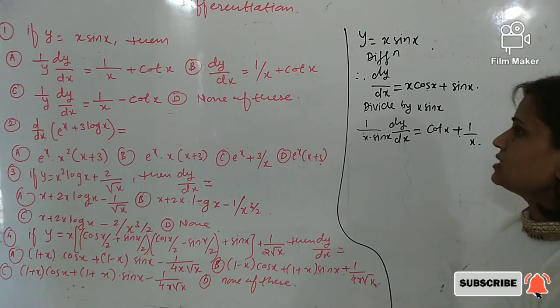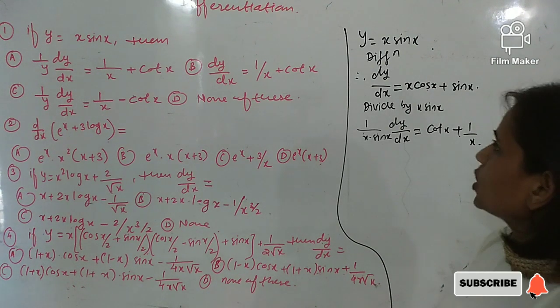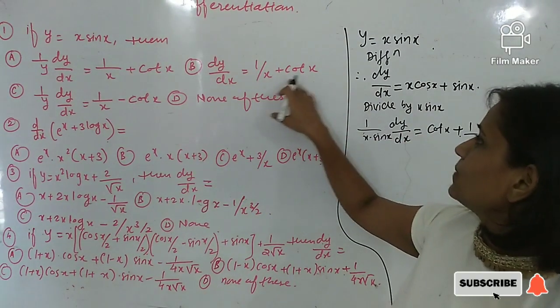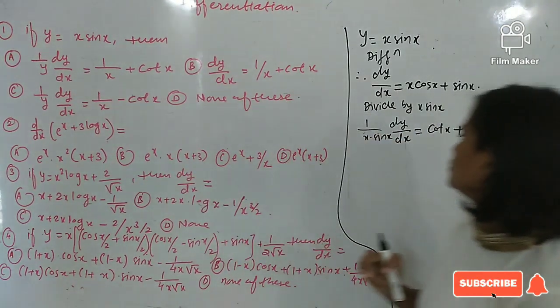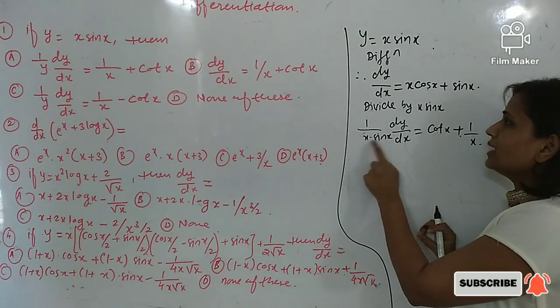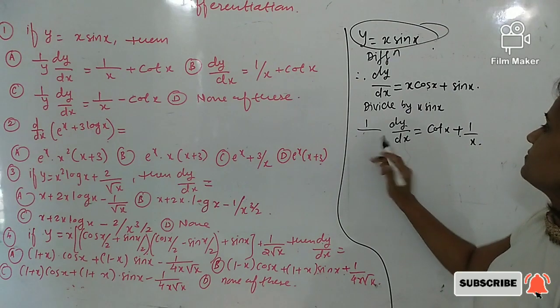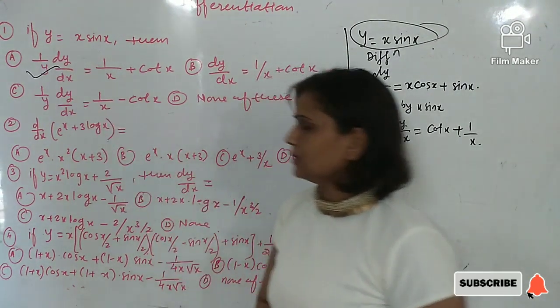So which one is the correct option? 1 upon x plus cot x. And 1 upon x sin x is y, so I can replace this value by y. So the correct option is option A.